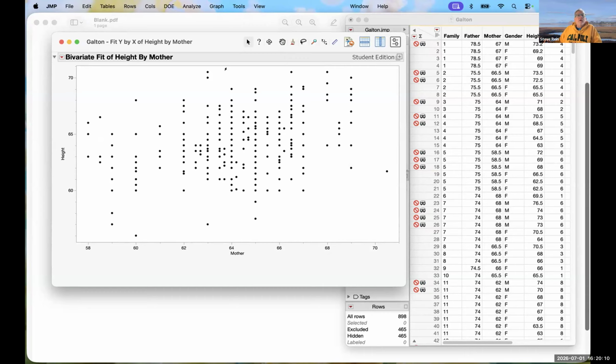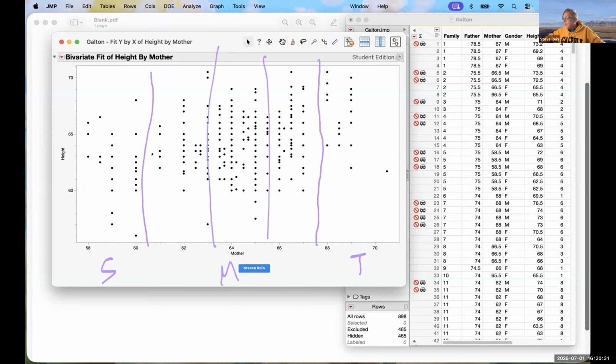Okay. And so the way Galton hit on his idea was, well, let's take all the moms that are short. And by short, let's say 5 foot tall or less. And moms that are tall, we'll say 5'7" or taller. So the shorts and the tall moms. And then there's the mediums, and then the medium shorts and the medium talls.